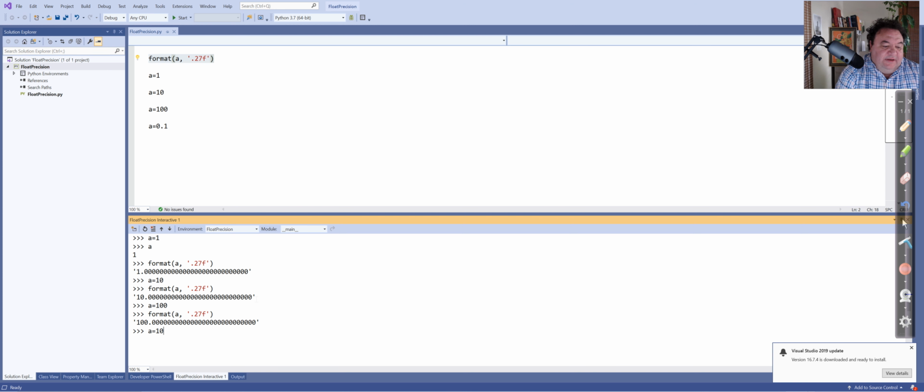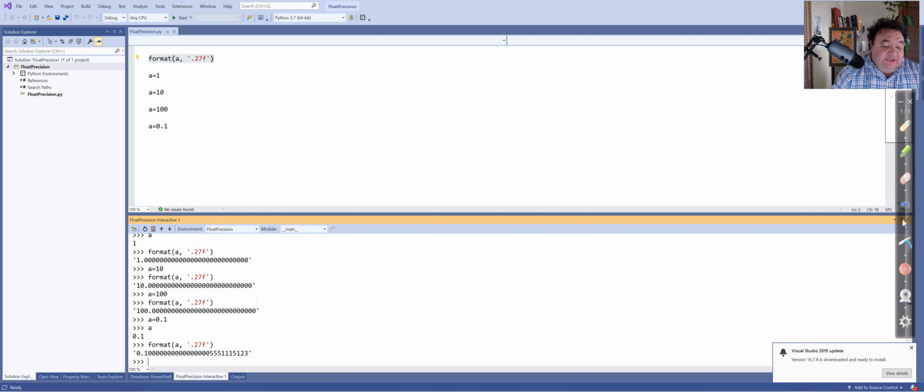But now if I turn a from 1 to 0.1 and print it normally, I get the impression everything is fine. If I print in much more detail, I can see that the real value that got memorized is 0.1 followed by a good number of 0s, and then 5511, and so on and so forth.